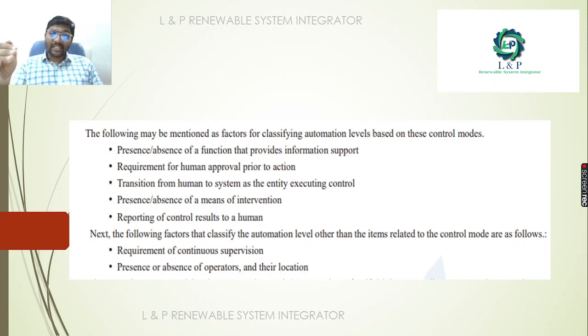Next, the following factors are also taken into consideration in the control mode: the requirement of continuous supervision, and the presence or absence of operator and their location. So these are all important conditions. When you are making the automation level, you need to keep all these things in mind.